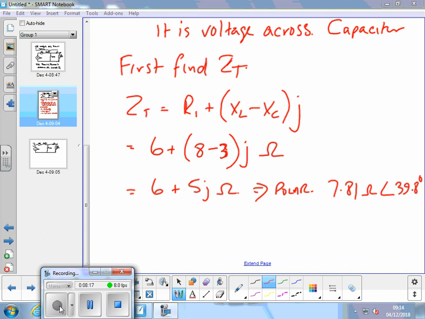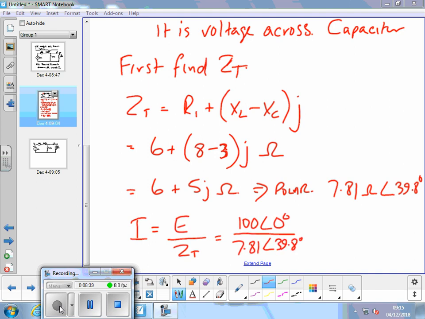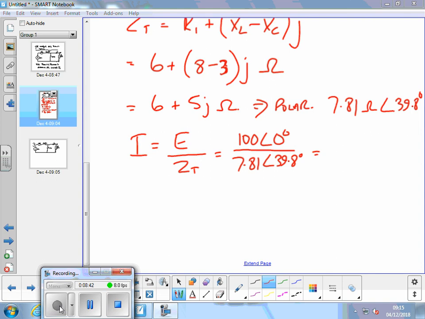Then we can apply Ohm's law using the total impedance. We've got a voltage of 100 volts, angle 0 degrees, divided by 7.81 angle 39.8 degrees, which equals 12.8 amps, angle minus 39.8 degrees.